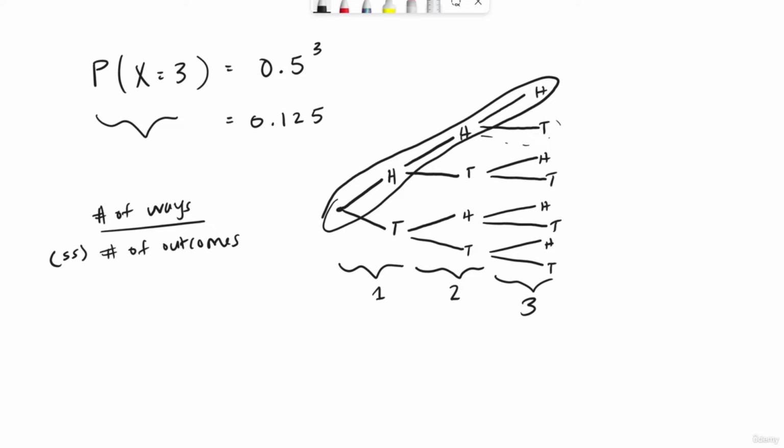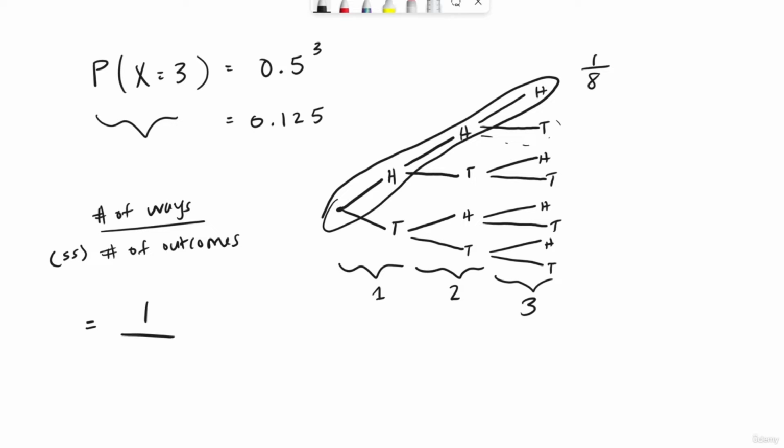And the heads sequence is only one of those. So this one right here accounts for 1 out of the 8 possible trajectories. And this is exactly what we wanted to test the probability of. And so the number of ways that heads can even happen is only one, because there's only one possible trajectory here in this tree.